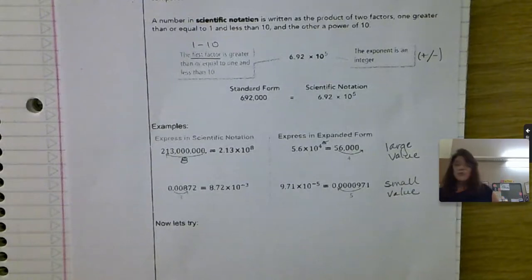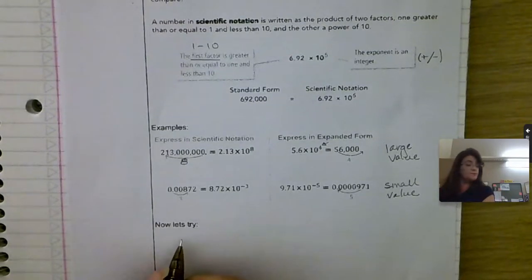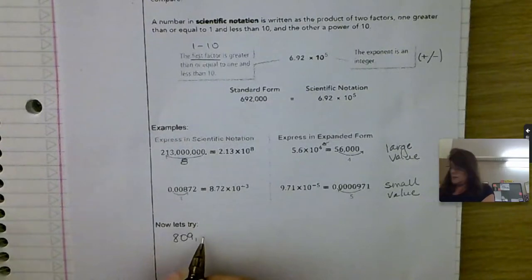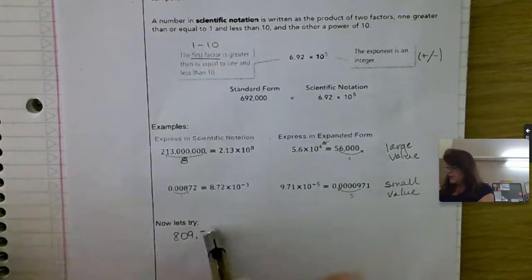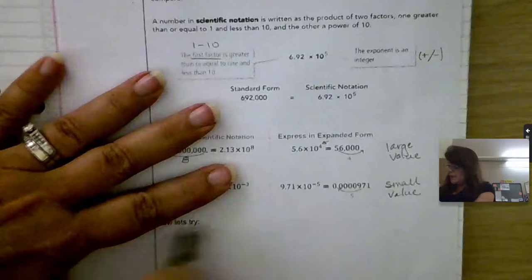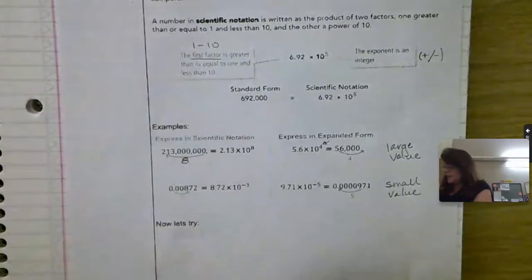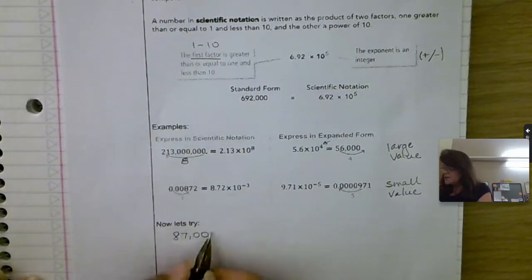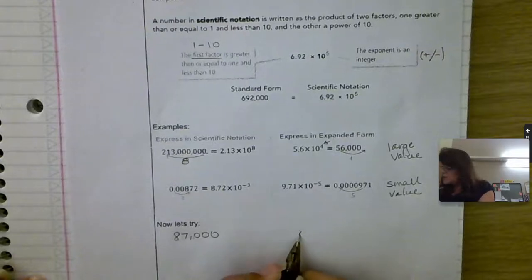So let's try a couple. Let's use 809,007. You know what? Let's not use that one. Taking it from the curriculum is just not a great choice. Let's use 87,000, and let's use 0.